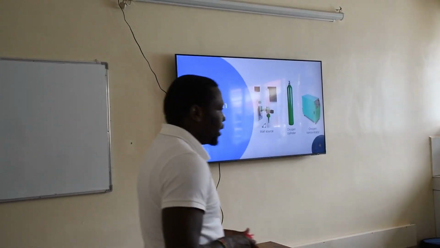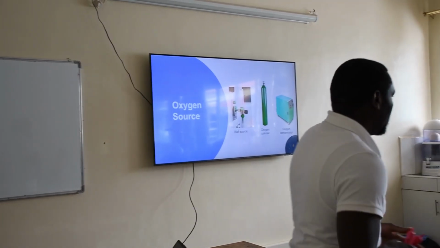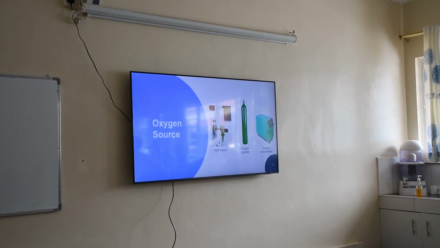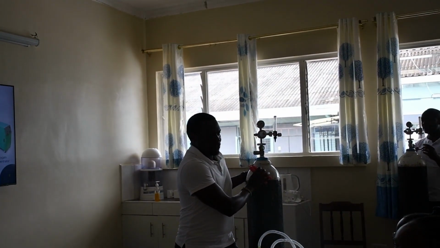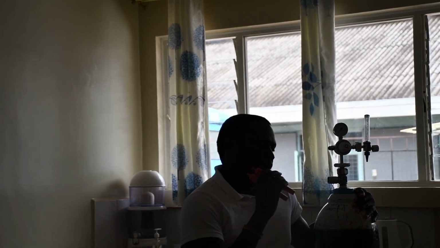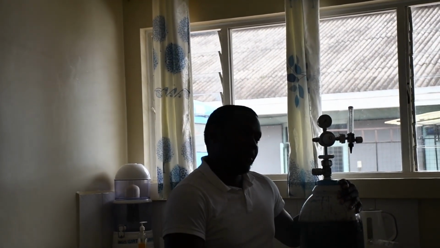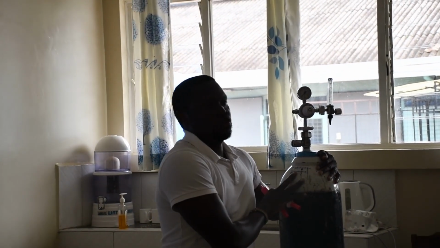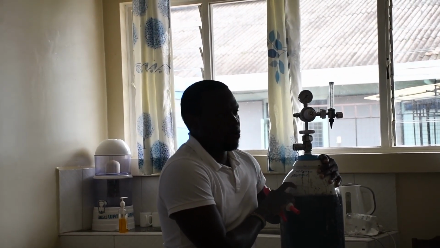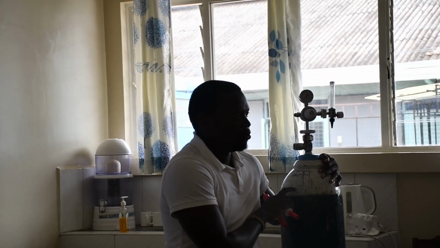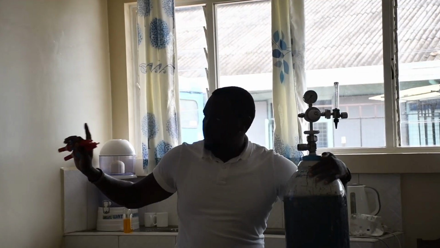So what do you need in terms of source? The most important thing is the system is driven by the oxygen source. That's why you don't need electricity. The lack of electricity means that you don't need medically compressed air. You can use oxygen, but the oxygen source needs to be of high pressure.